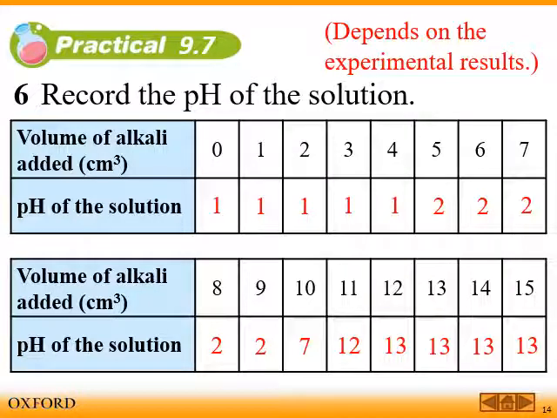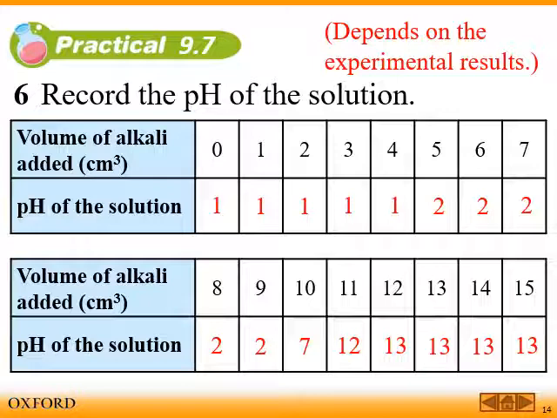Actually, you can see that at the beginning of the experiment, when 1, 2, 3, 4 cm³ of sodium hydroxide is added to the solution, the pH value is still 1, right? But when 5 cm³ of sodium hydroxide is added, the pH value started to rise. But still, the pH value rises slowly.